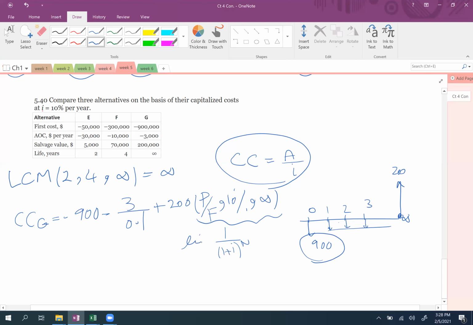If I take the limit of this when n goes to infinity, this value will be equal to 0. That's why whenever you have salvage value at infinity, we can simply ignore it, because it will be multiplied by 0. So if I do the calculation, it will be negative 930.